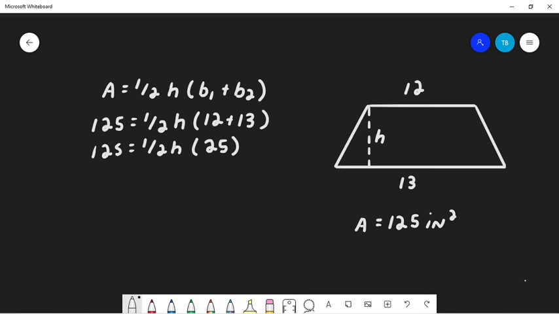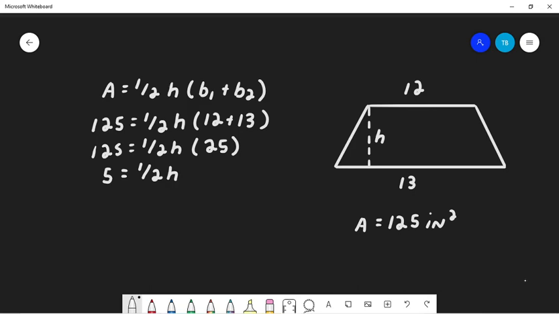So what we can do here is there's a couple of different ways we can go about isolating for h. What I'm going to do is divide both sides of the equation by 25 first. So on the left-hand side, 125 divided by 25 is just 5. And then on the right-hand side of the equation, all we're left with is 1/2 h. Okay?